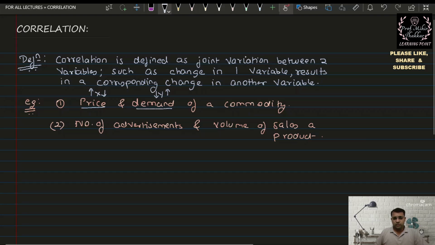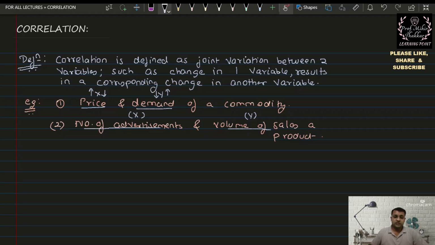Now when we talk about number of advertisements, let us consider this is X, and volume of sales, let me consider this is Y. If there is any company which is producing some items, definitely it has to do the advertisement for that particular new product or the new item. Because if the public doesn't know about that particular new product, definitely nobody is going to purchase that product.